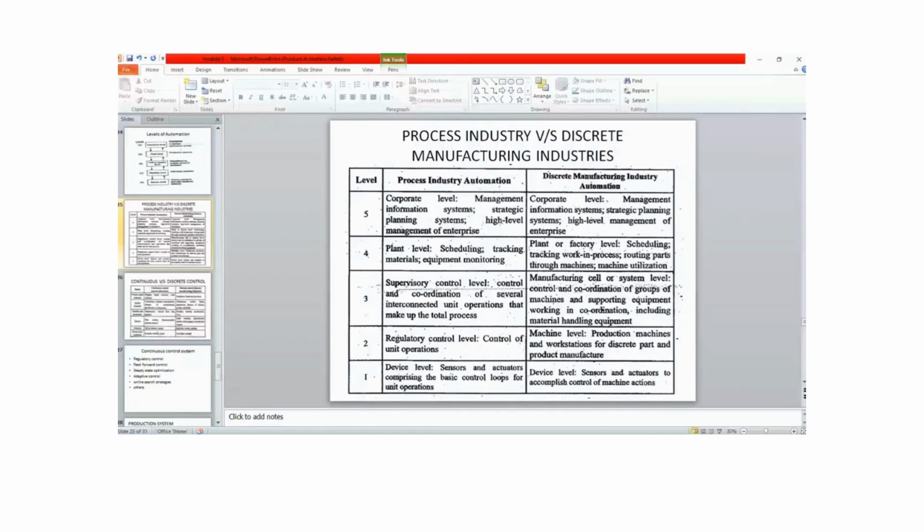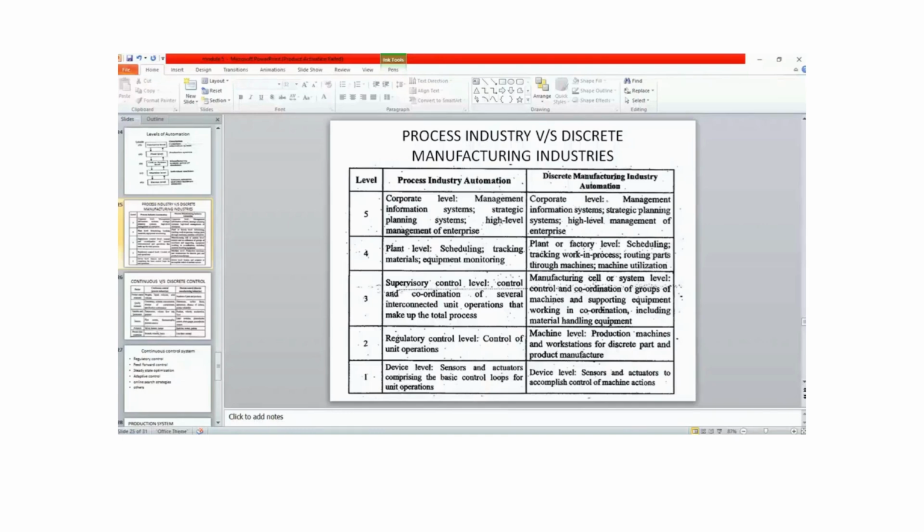But in the case of the machine level, the production machines and workstations for different discrete parts handle only a specific part; then the specific part comes, and then again the other specific part. In that we have sensors and actuators. Here, in the first process, the sensors and actuators indicate the flow, like whether the water has been filled or not, whether the bottle has been cleaned or not, and what the temperature is on the machine.